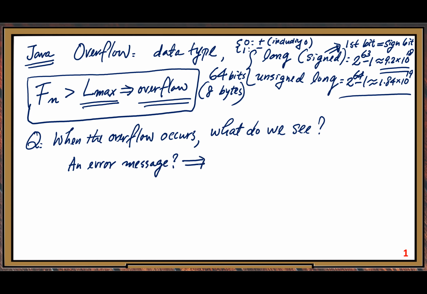No. The answer is no. No error message. You just see some number produced. If you print it out, you see some number, but nobody tells you there is overflow.